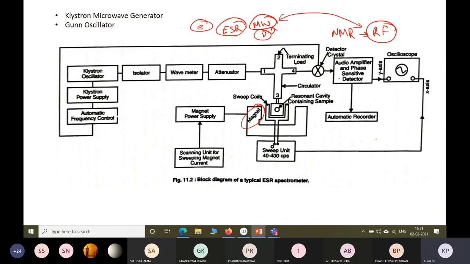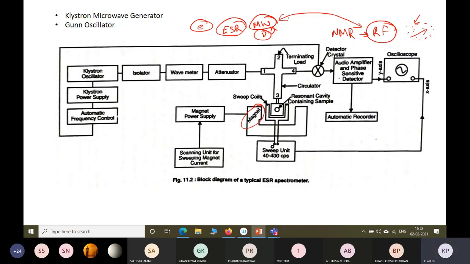Here there is no photon involved. In NMR we have discussed that the proton generates a magnetic moment, and around that we have electrons which were shielding. How were they shielding? They were creating a local magnetic field, right?